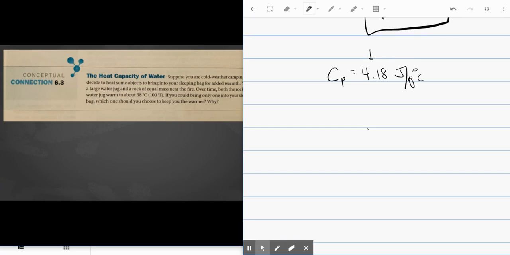What that means is it holds a lot of joules and the temperature doesn't change very much. It takes a long time to heat water up, and it takes a long time for the water to cool back down. So it's going to hold more energy inside of it because of those hydrogen bonds between the water molecules than the rock would. Okay, hopefully that made sense.